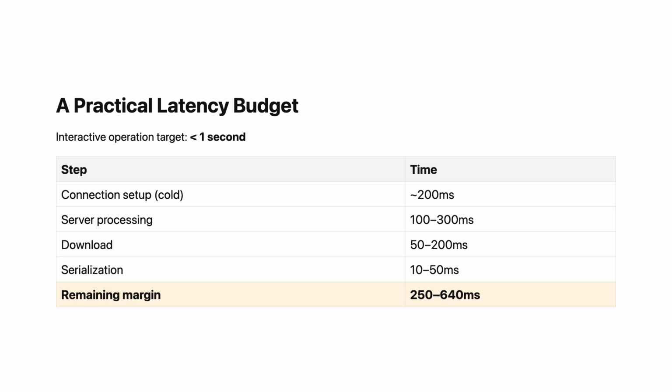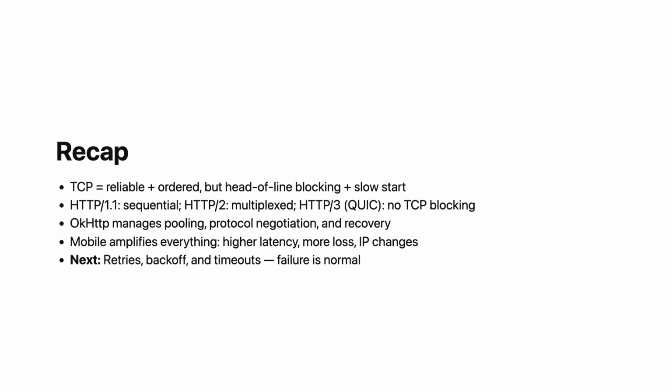That leaves very little room for error in a 1 second budget. If any single step goes wrong, a DNS cache miss, a packet lost during TLS, a slow database query, you blow through your budget. This is why connection pooling, HTTP/2, prefetching, and caching are not premature optimizations. They are essential architecture for mobile apps.